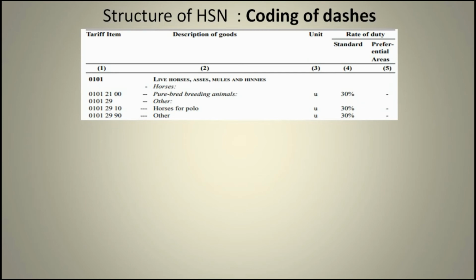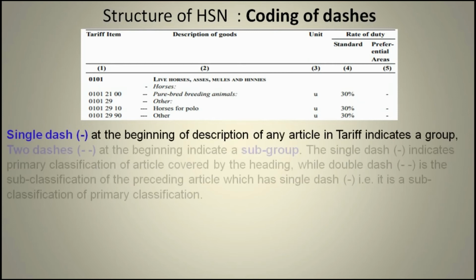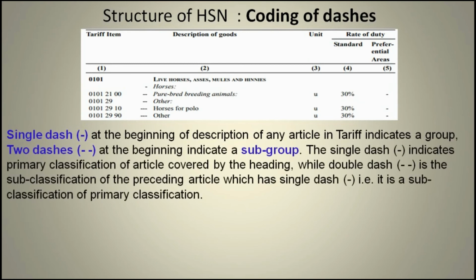Coding of dashes. A single dash at the beginning of the description of any article in the tariff indicates a group. 2 dashes at the beginning indicate a subgroup. The single dash indicates primary classification of the article covered by the heading, while double dashes is the sub-classification of the preceding article which has a single dash.